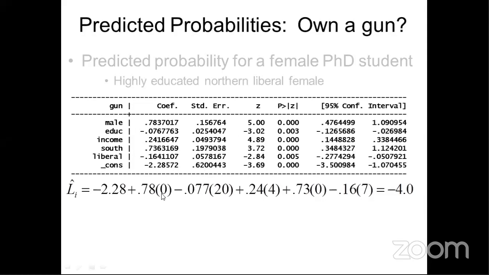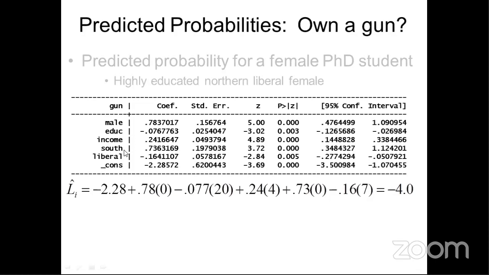I have told you that for female it is 0. That's why the 0 is assigned for the male coefficient. In the case of America, it is the 20th year in their education when she becomes a PhD student. So that's why it is 20. Then the income of that student is $4,000, for example.